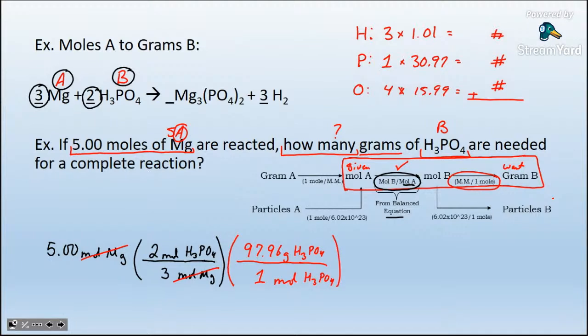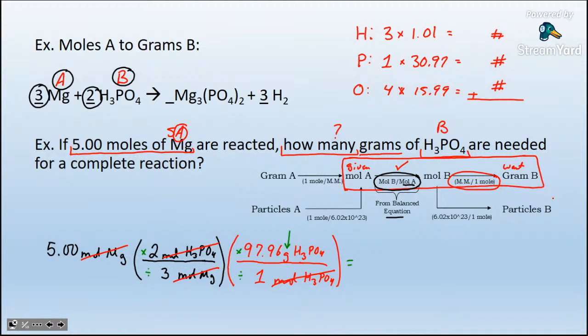So now I note that my moles of H3PO4 cancel out. The only unit remaining will be grams, and it's of the H3PO4. So when I calculate this problem out in my calculator, again, we're going to multiply by our numerators, divide by the denominators.